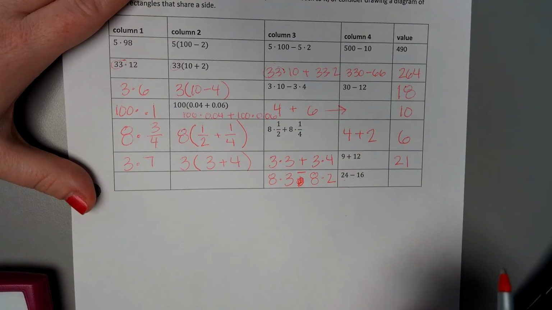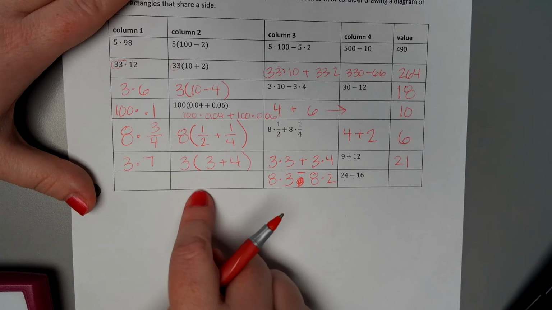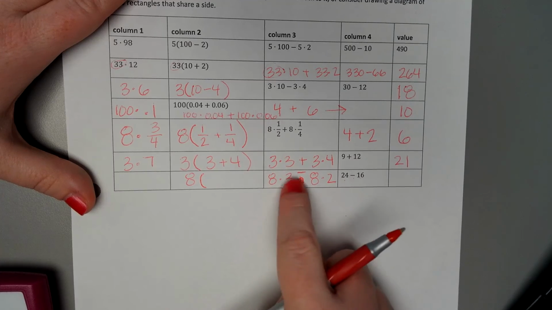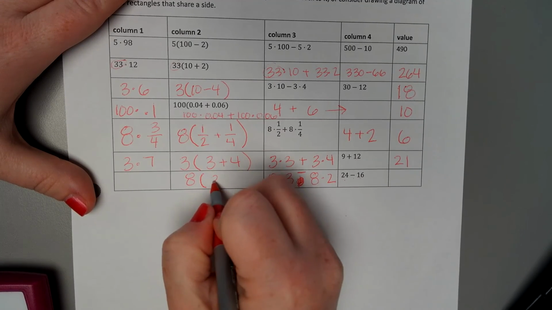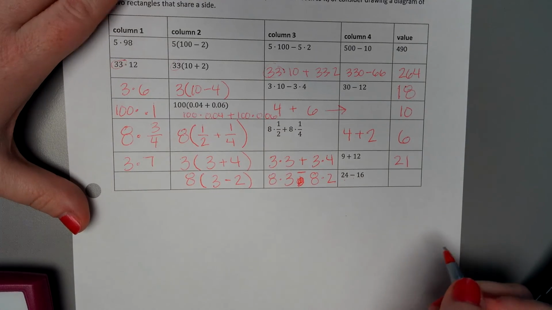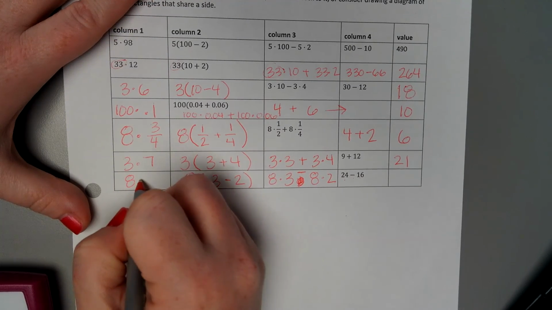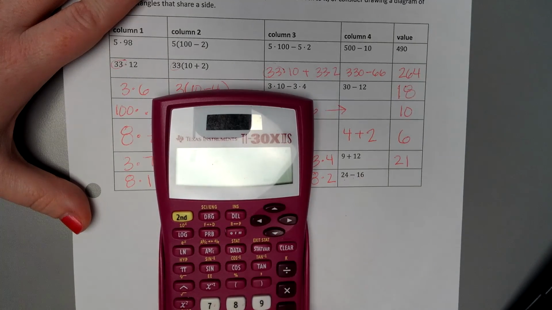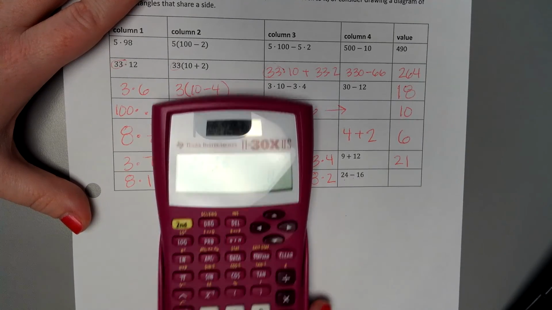Is 16. So then if I move backwards, 8, I have 3 minus 2. Which then gives me 8 times 1. Now let's double check. Is that 8? 24 minus 16 is indeed 8.